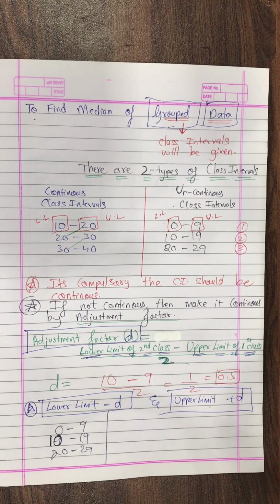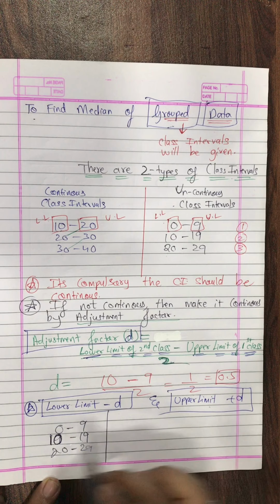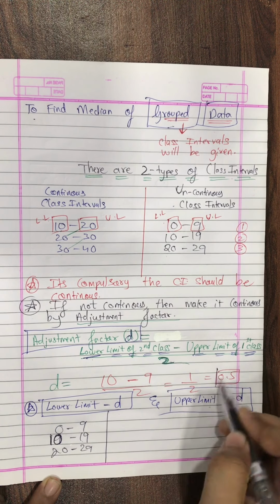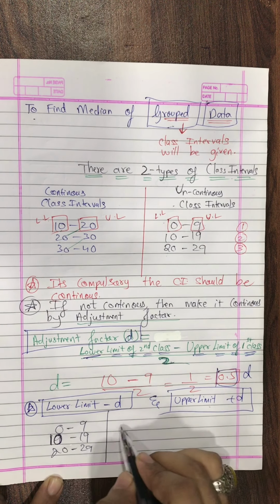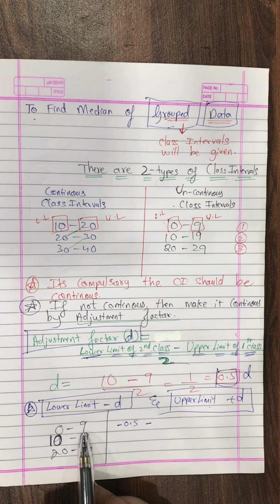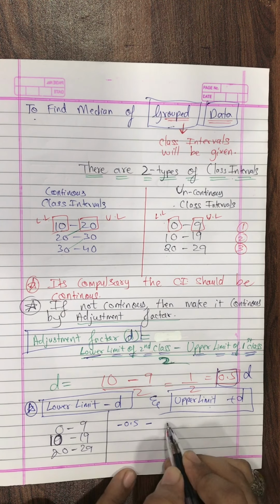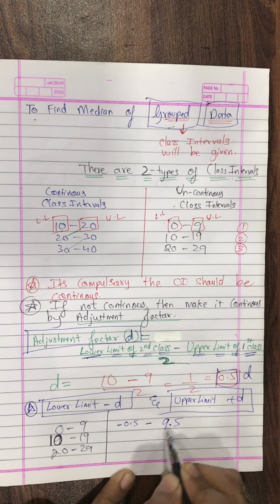Let's do it. What's my lower limit? Lower is 0, so 0 minus 0.5 will be minus 0.5. Upper limit is 9, upper plus d, so 9 plus 0.5 becomes 9.5.